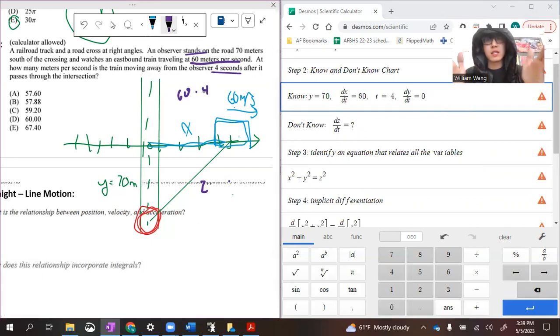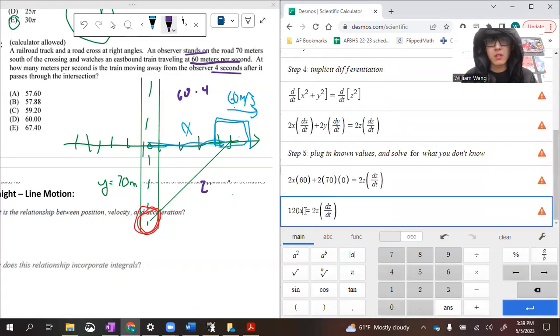I line up 4 of those 60 meters. So really, the x value of my triangle is 240, 60 times 4. So I actually do know my x. My x is 240.